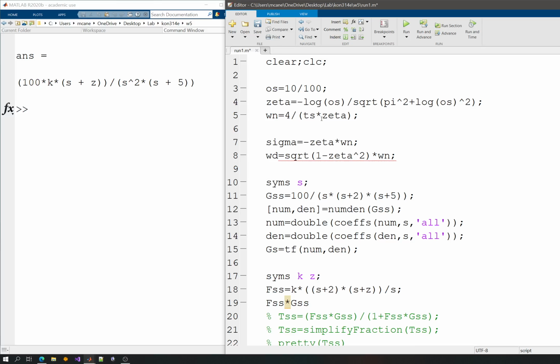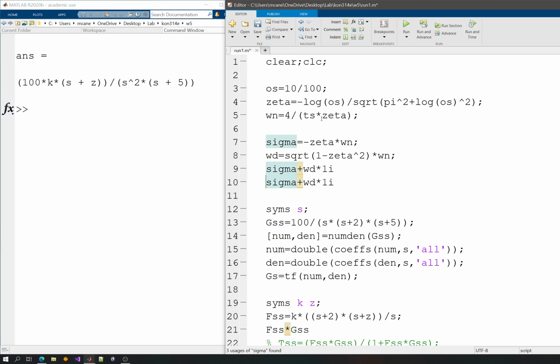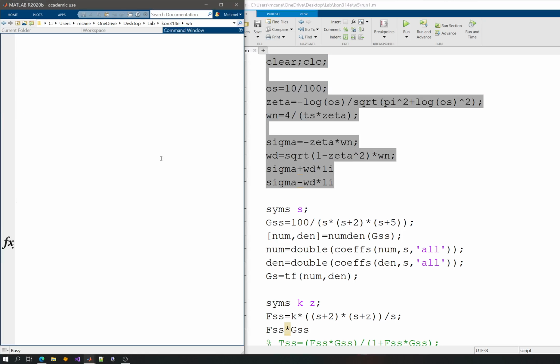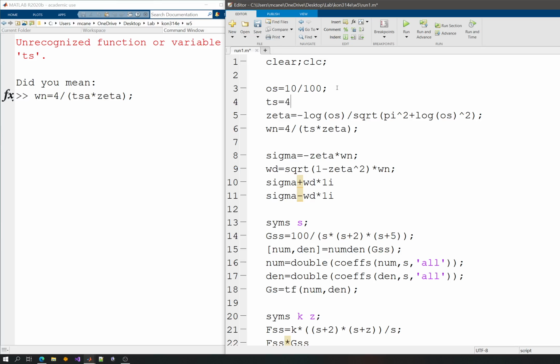And what I'm trying to do here is design a controller that assigns 2 of the poles of the system at this pole pair here. Okay, I didn't define that. That's 4 seconds.